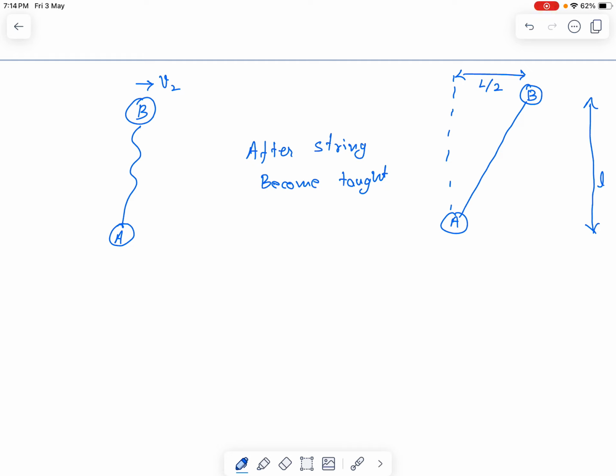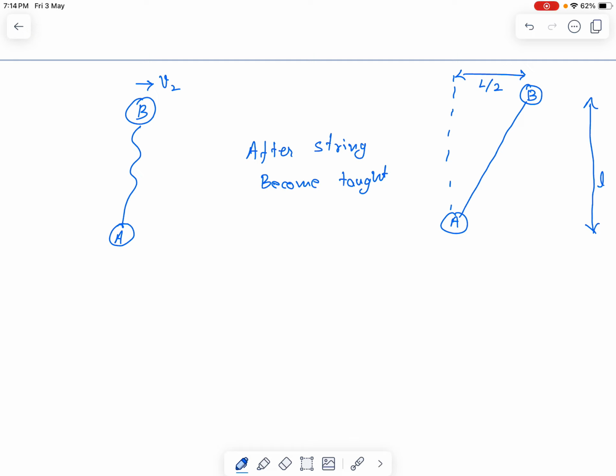So after the string becomes taut, B would have some velocity in an arbitrary direction, so it will have two components. Similarly, the velocity of A would have two components.